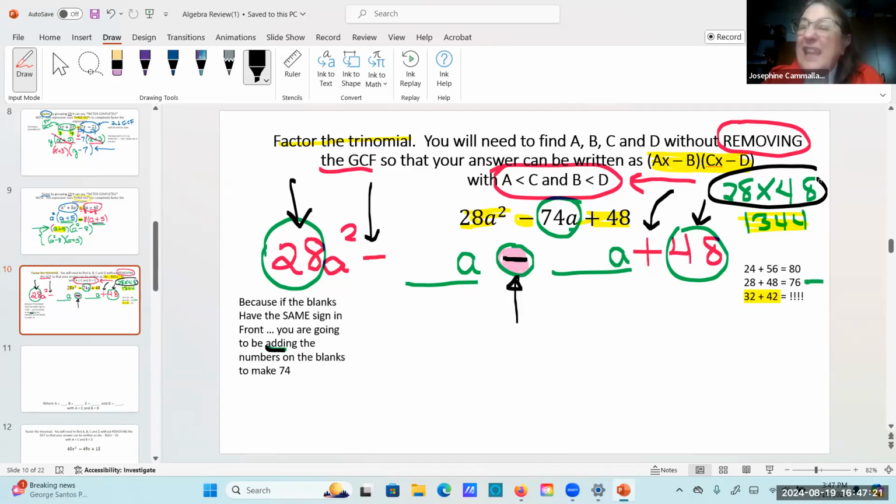Let's just start with the two numbers I have. 28 and 48 were my starting numbers. When I add them together, I get 76. I want 74. That's too big.